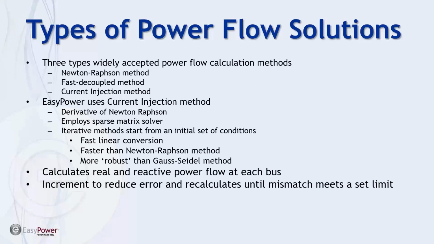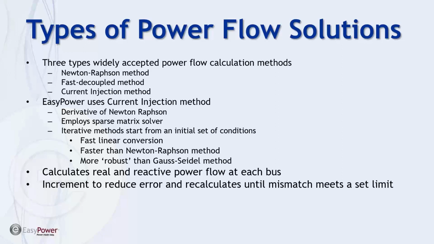So the way this is set up is you assign a voltage and a power angle at each bus. Usually it's a per unit of 1, and then you go through the matrix calculation and determine what the errors are between the incoming power and the outgoing power.